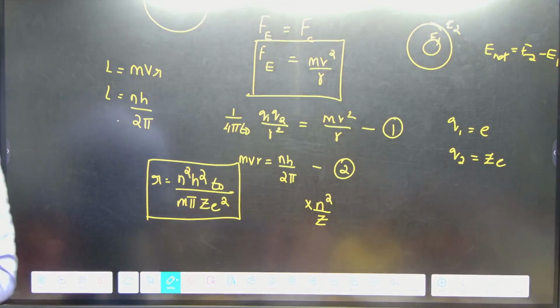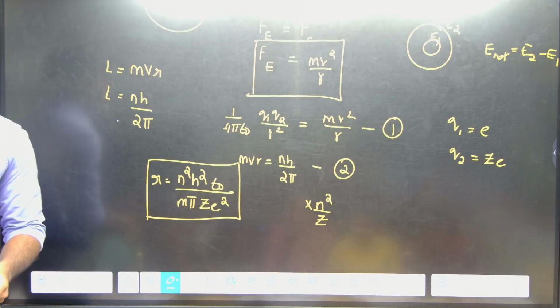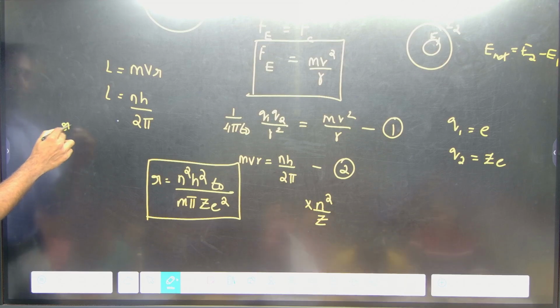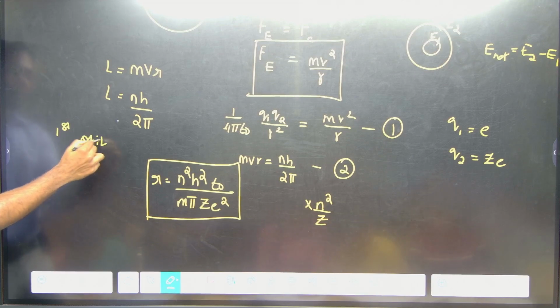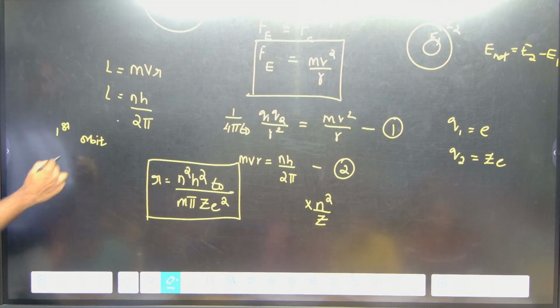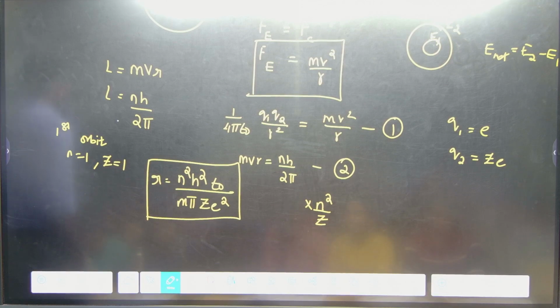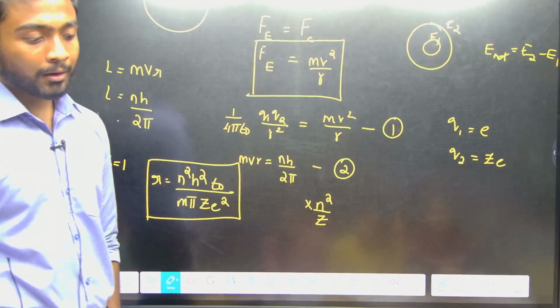For example, for the first orbit, n is equal to 1 and z is equal to 1.